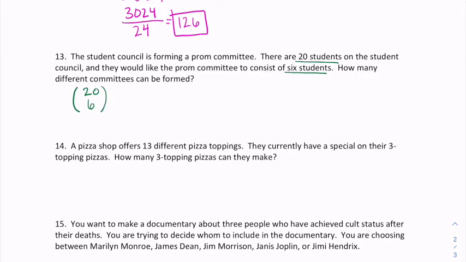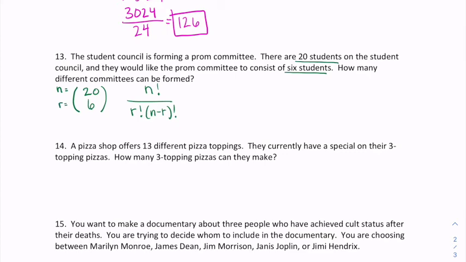Remember, the formula is n factorial over r factorial times n minus r factorial. And in this case, the n, or the number of students we have to choose from, is 20, and the r, the number of students we're selecting, is 6.